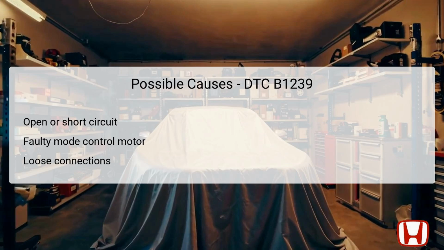Another common issue could be loose or poorly connected wires, which may not create a complete circuit, leading to intermittent issues that can be harder to diagnose. These possibilities all stem from either electrical faults or component malfunctions, necessitating a thorough inspection to accurately identify the root cause.